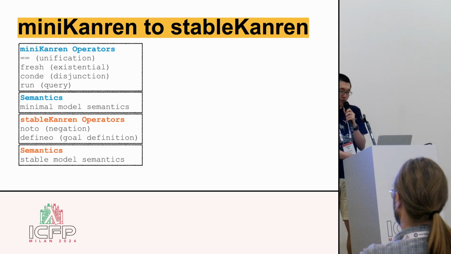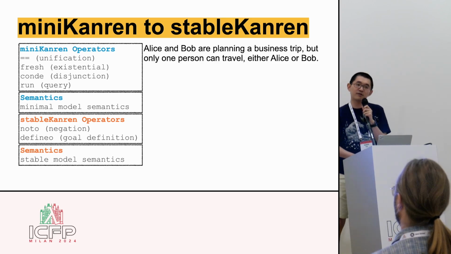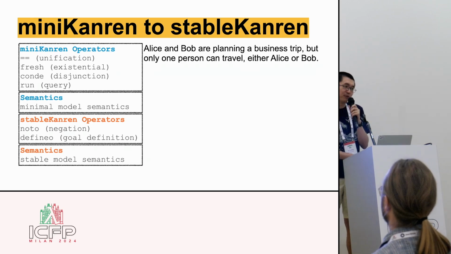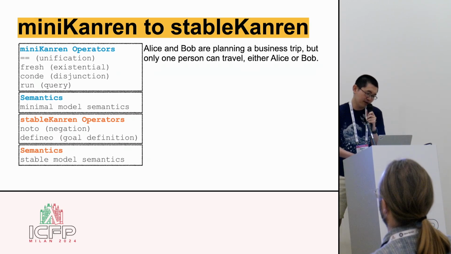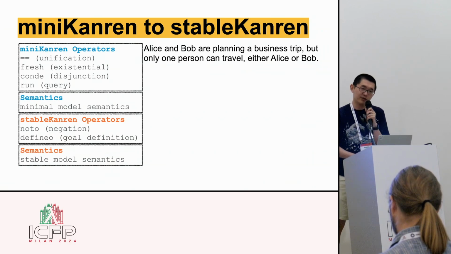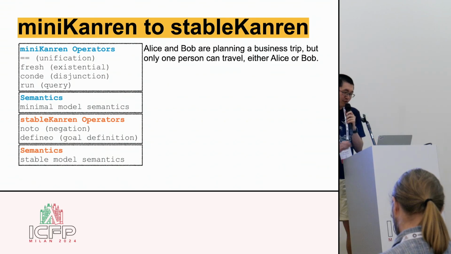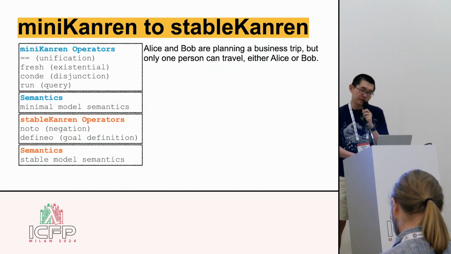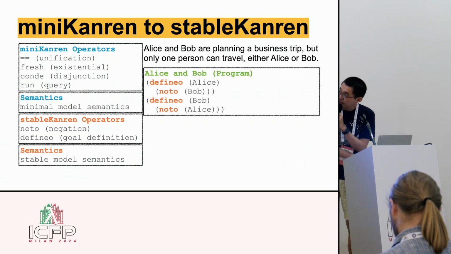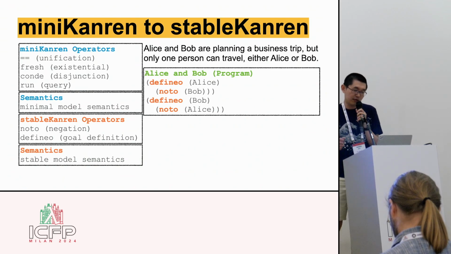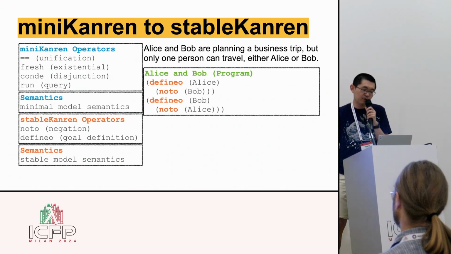Let me give you a very simple example. It's Alice and Bob, two famous computer science persons. They are planning a business trip, maybe coming to ICFP, but unfortunately only one of them can travel, either Alice or Bob. We can encode this kind of problem in stableKanren as this program. Define nodal Alice: if Alice wants to go, Bob cannot go, so not Bob.